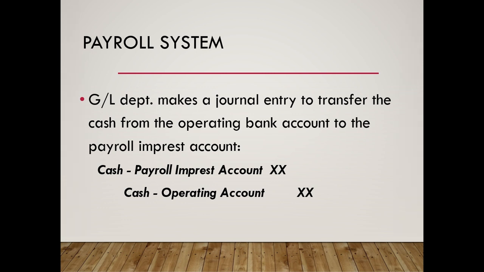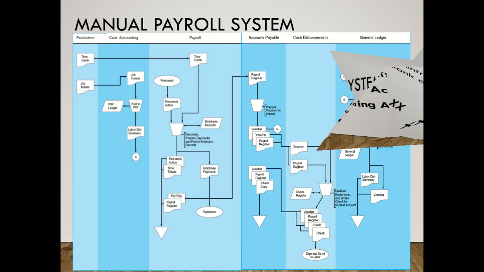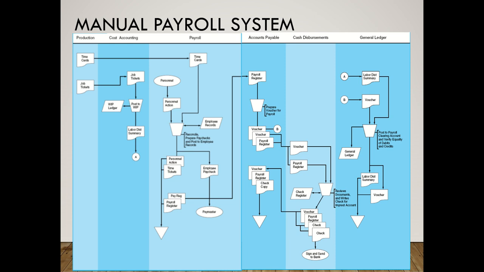In the next slide, we will show the manual payroll system as an overall view in a flow chart. It will start with personnel, which is not shown here, but technically under payroll, the personnel data is supposed to be there.